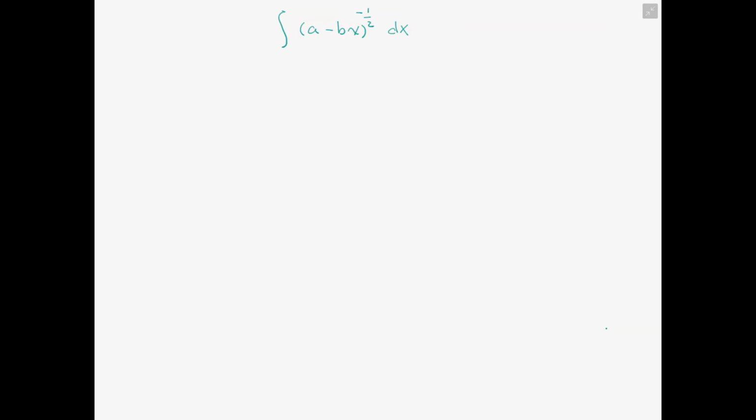We got the integral of a minus bx to the minus 1/2 dx. So let's take the integrand and say u equals a minus bx, du equals minus b dx, and so dx equals minus du on b.